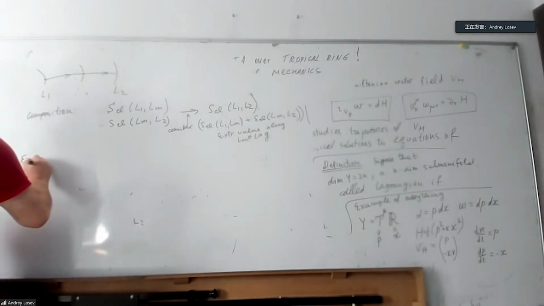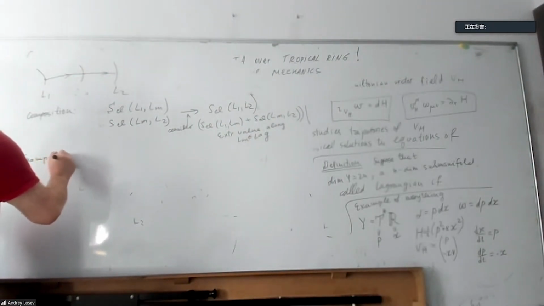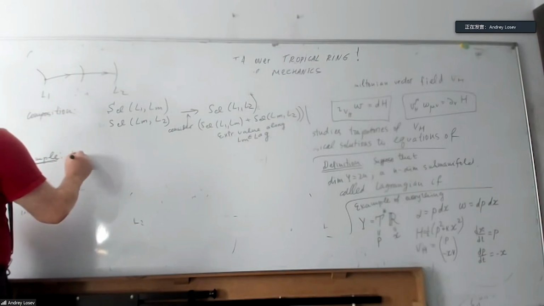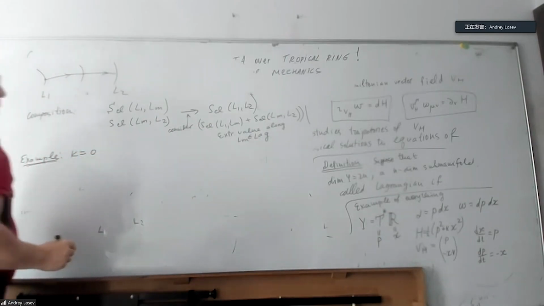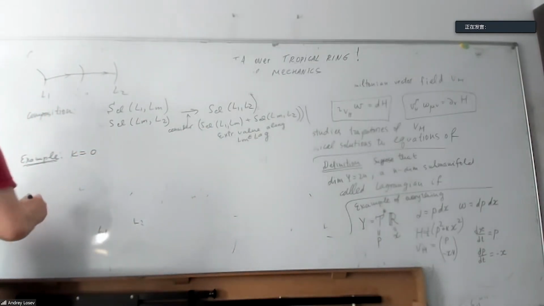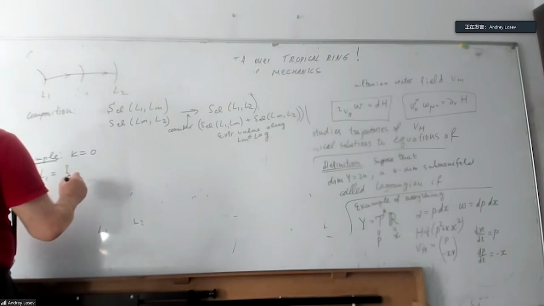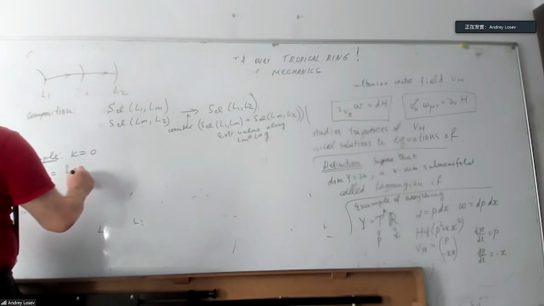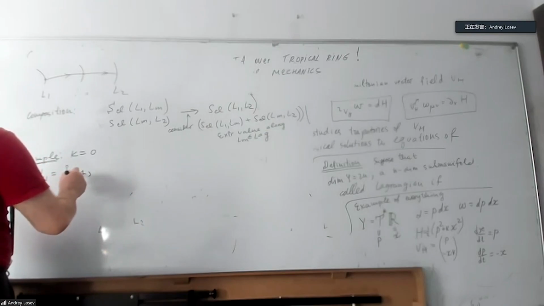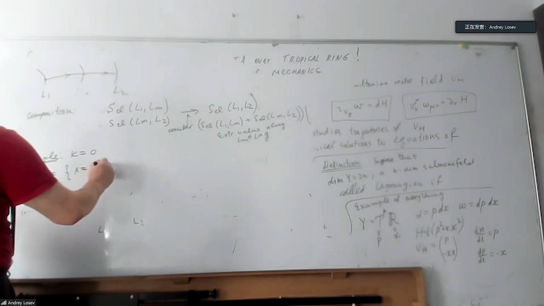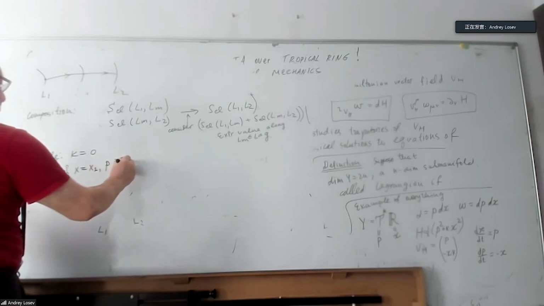Example. K equals 0. Let me take L1 to be the following Lagrangian manifold: X equals x1, P is arbitrary.